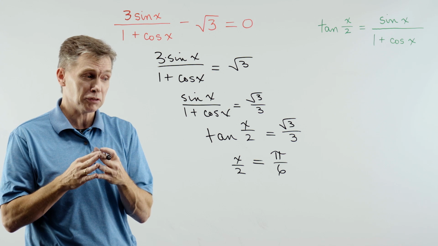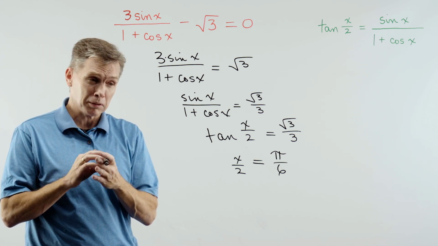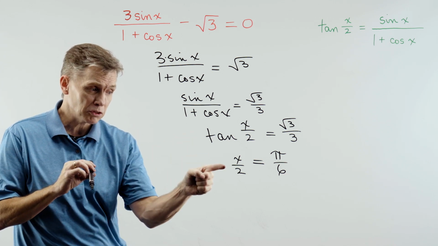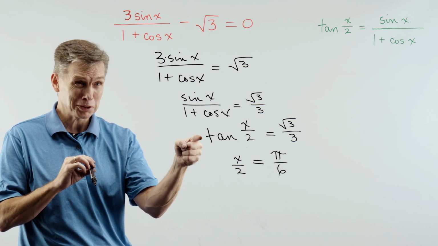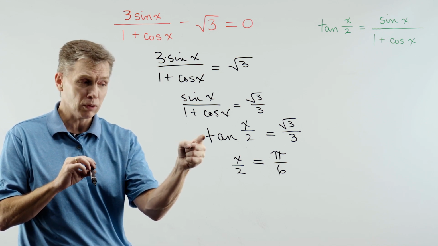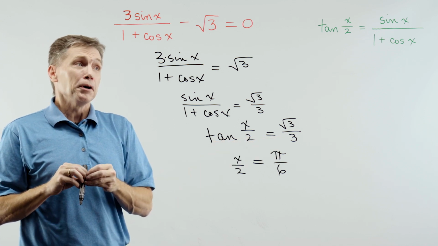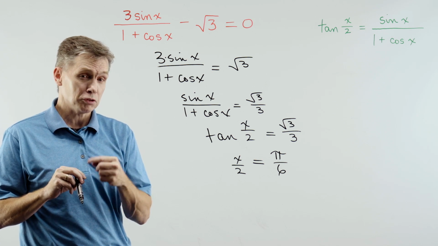But the angle for us is expressed as x over 2. What I'm trying to make sure is clear is that we haven't solved for x yet, but that step was a little bit of solving the trigonometric part of this, where we had to ask what angle has a tangent of square root of 3 over 3. Also don't forget with these trig functions that they're cyclic.